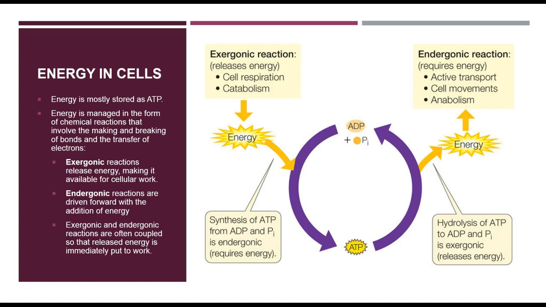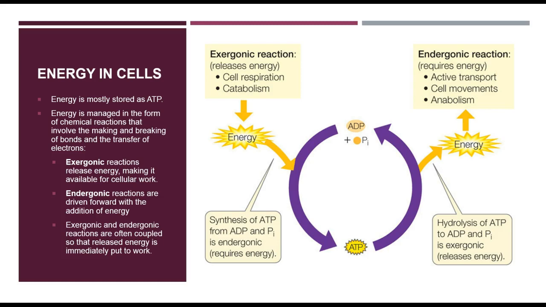These are reactions that are driven by the addition of energy, so they require energy in order to happen. Exergonic and endergonic reactions are typically found together or coupled, so that the release of energy from the exergonic reaction can immediately be put to work in the endergonic reactions.